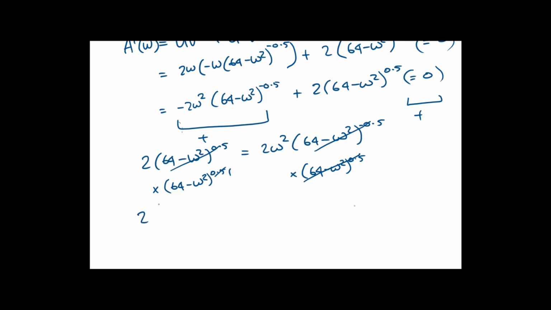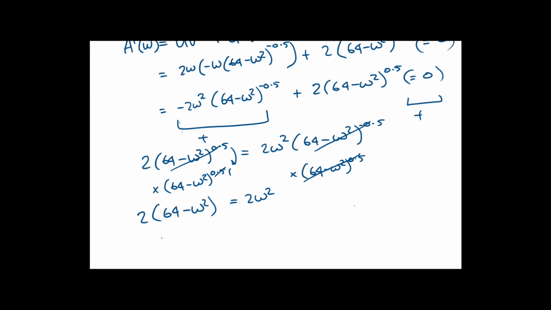So it's going to be 2 (64 minus W squared) to the power of 1, because 0.5 plus 0.5 is 1. You always do that little trick. We can get this gone now, and now it's starting to look really, really good.